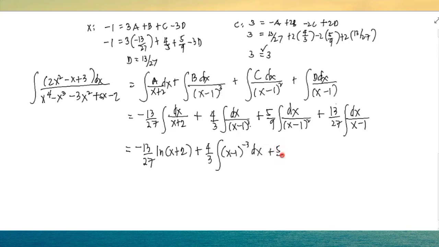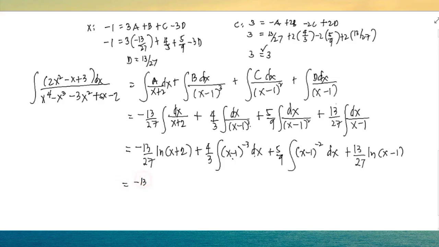And in here, akyatin natin to, and we would have x minus 1 raised to negative 2 dx. And for the last term, since derivative ng x minus 1 ay dx, it is just ln of the denominator, x minus 1. So for this, since the derivative of x minus 1 is dx, we can directly apply the general power formula.